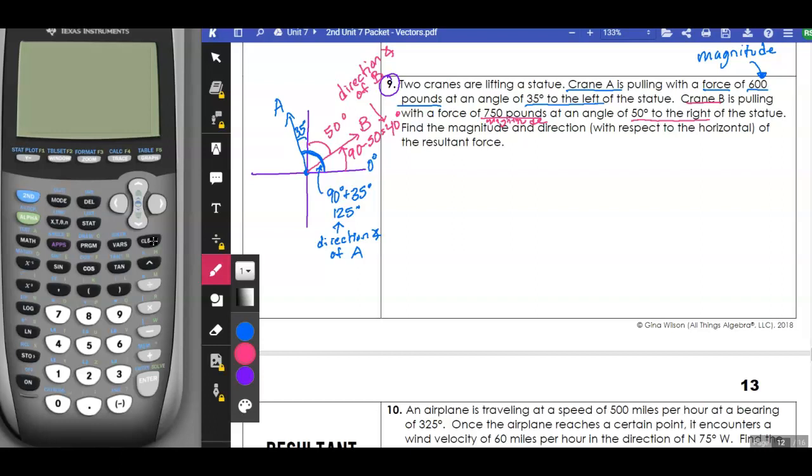How do we find a vector given a magnitude and a direction?